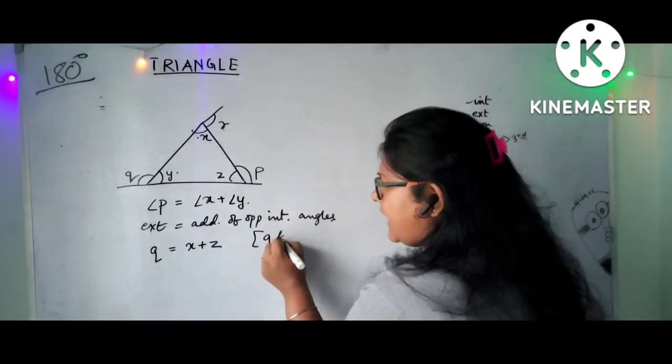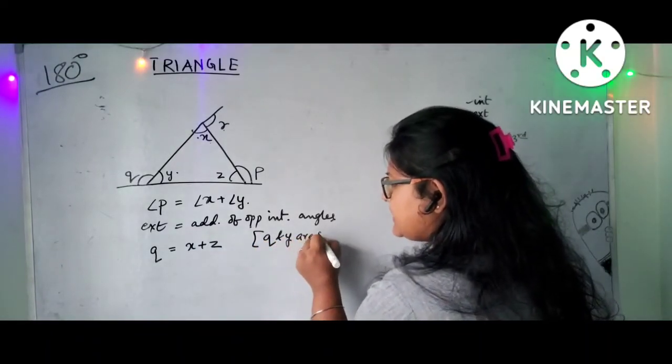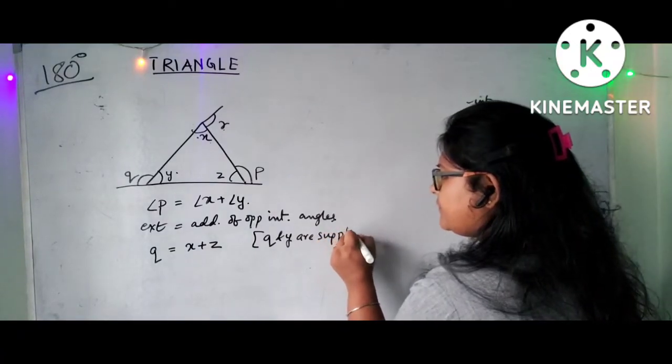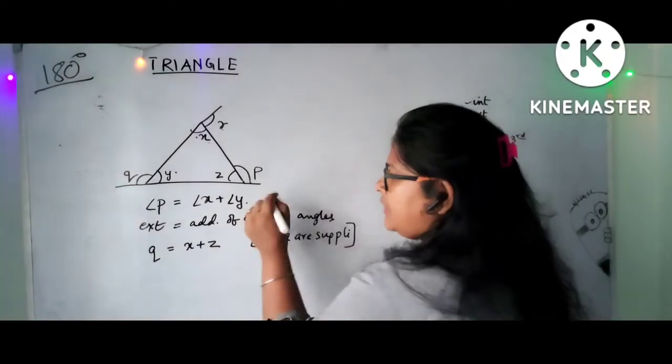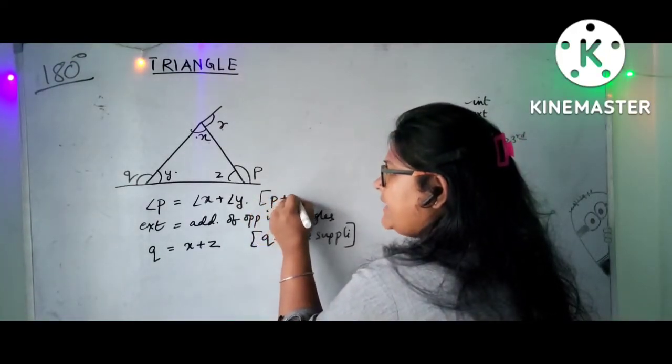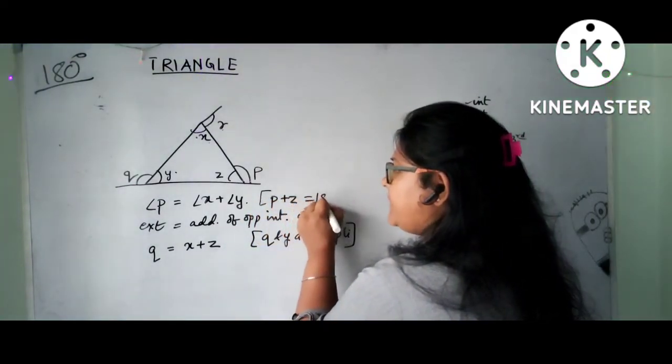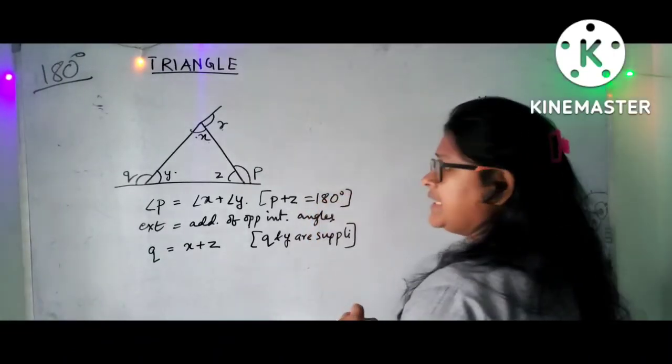Q and Y are supplementary. That means the addition of these two is 180. P and Z are supplementary. You can write it like this.